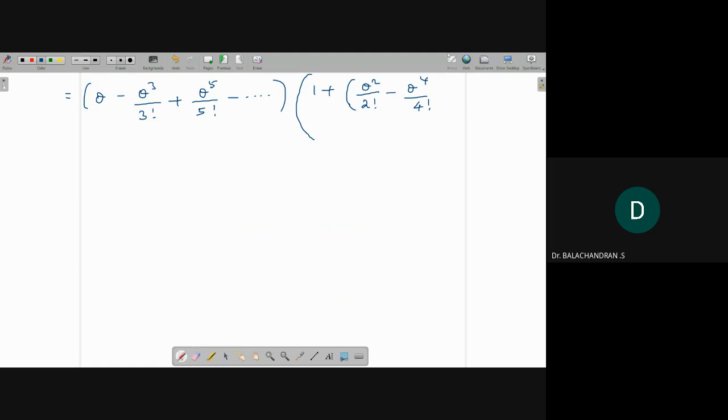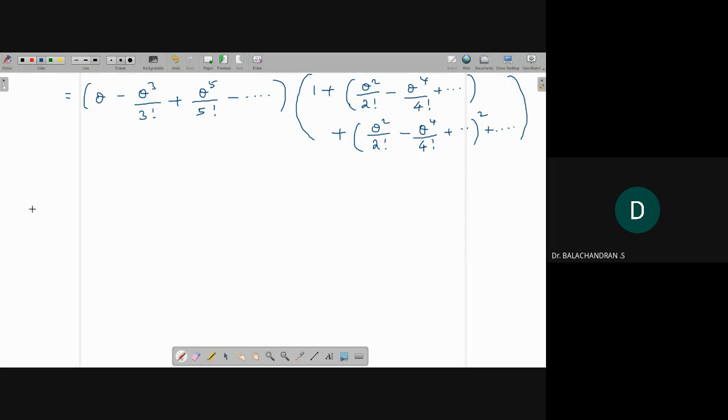Plus dot dot dot, close the bracket. This is x. Plus x square. What is x square? Plus x square is theta square by 2 factorial minus theta power 4 by 4 factorial plus and so on, whole square, plus dot dot dot, and then x cube and so on, and I am closing this bracket.